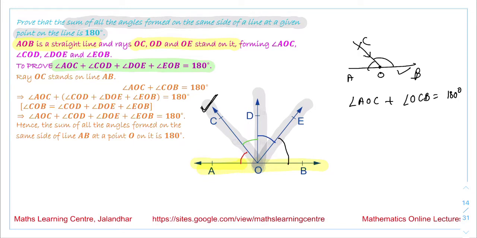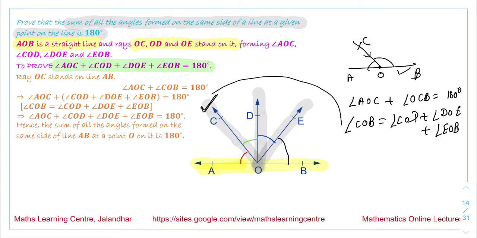And it is clear from the figure that angle COB is equal to angle COD plus angle DOE plus angle EOB. So these values are equal.